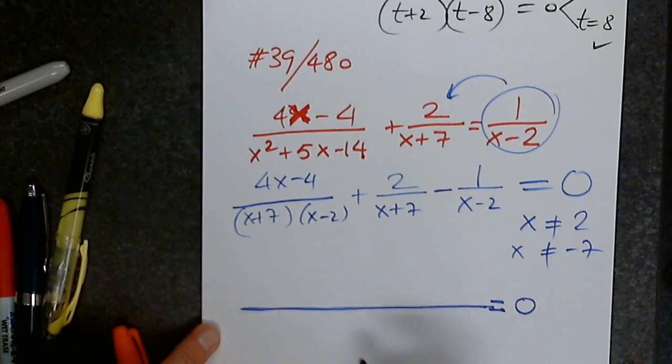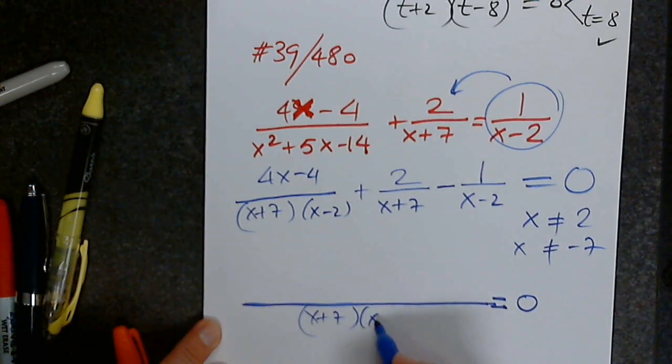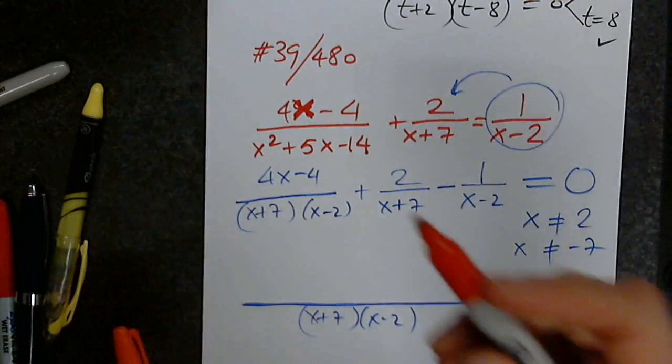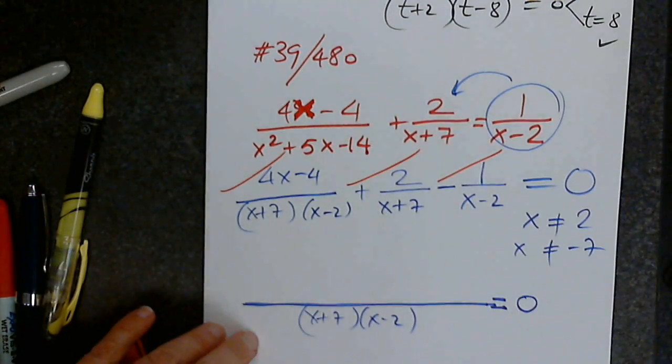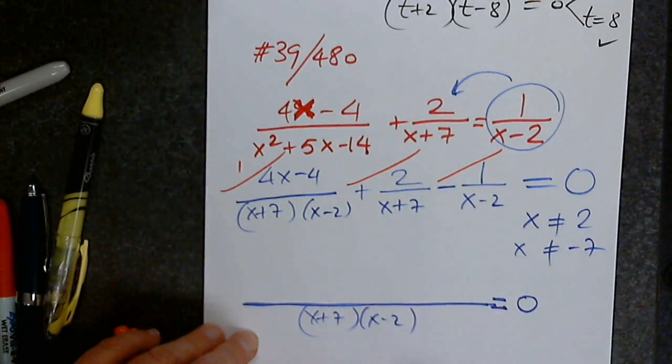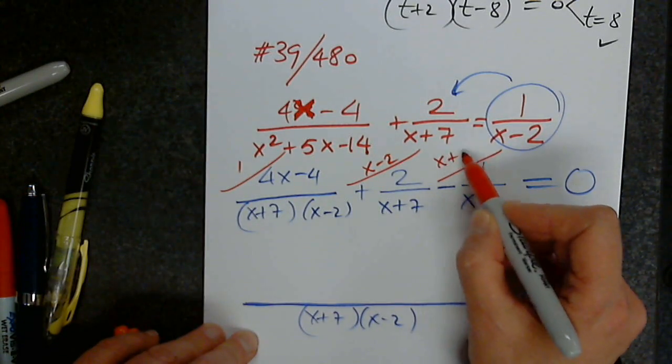X plus 7, x minus 2. Adjustments for the top: you just multiply the first one by 1, the next one by x minus 2, and then the last one by x plus 2.